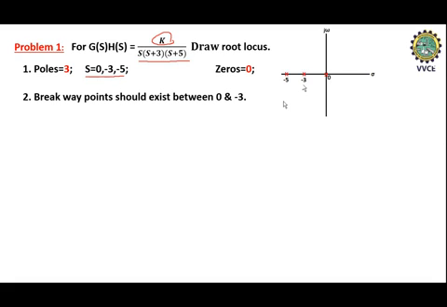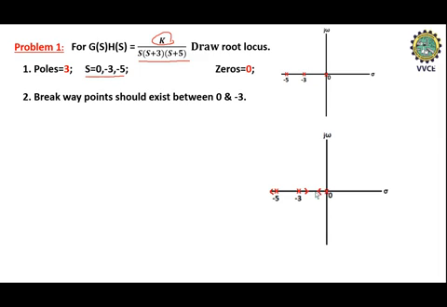Next, the second step: the breakaway point should exist between 0 and minus 3. How do we say it is between 0 and minus 3 only? We know that the starting point is always a pole. So we have 3 poles. The pole at 0 moves towards minus 3, and the pole at minus 3 moves towards 0.